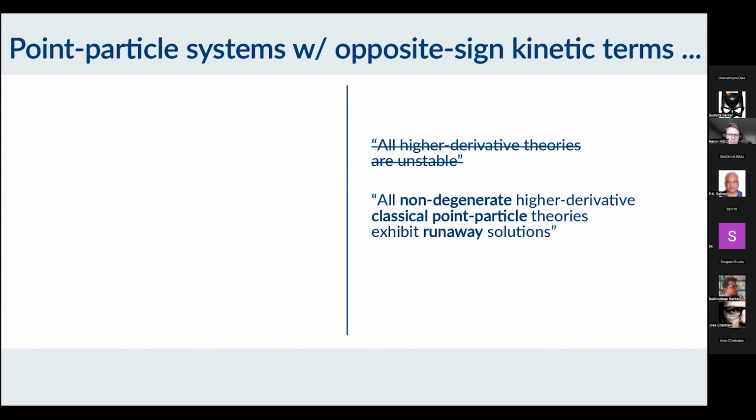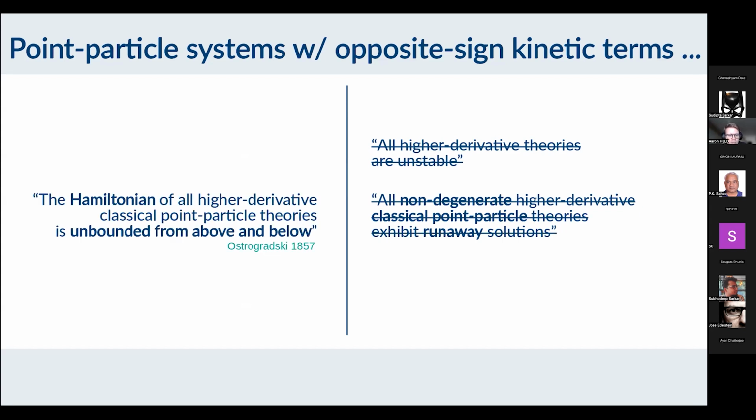So there are now counterexamples to this, and the key difference from what Ostrogradsky actually proved is that Ostrogradsky doesn't make any statement about physical stability. Ostrogradsky just makes a statement of the Hamiltonian being unbounded from both sides.